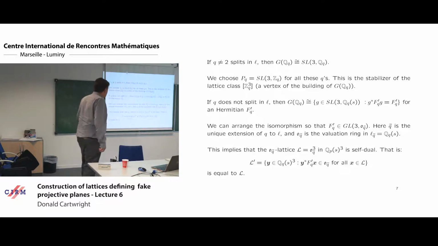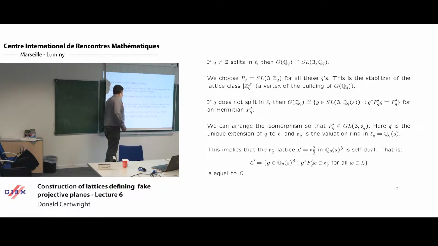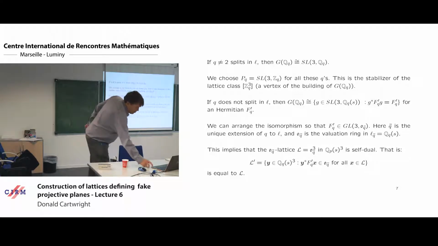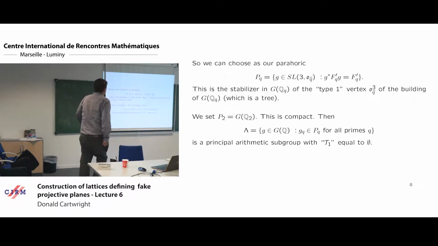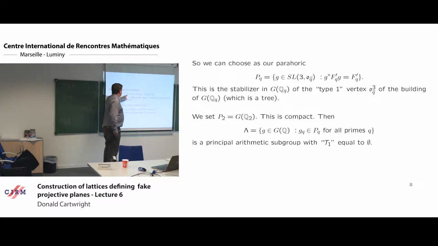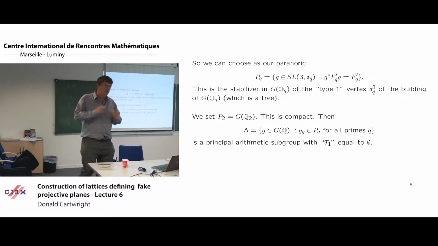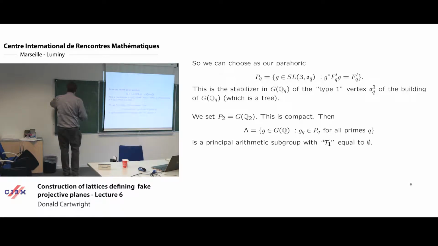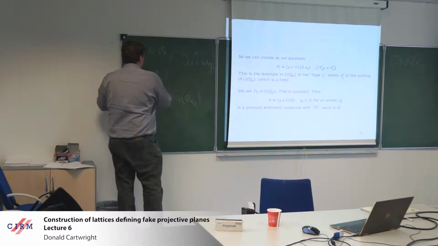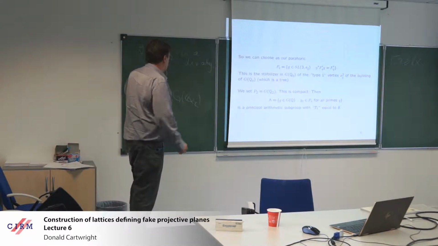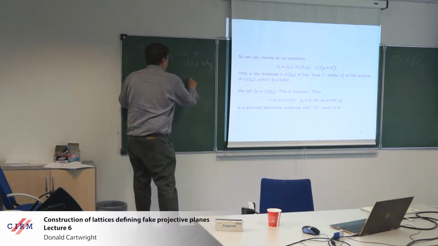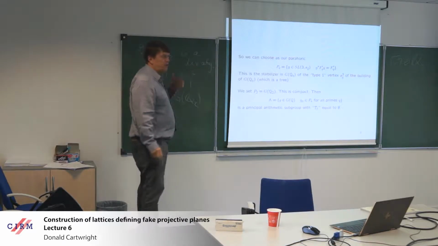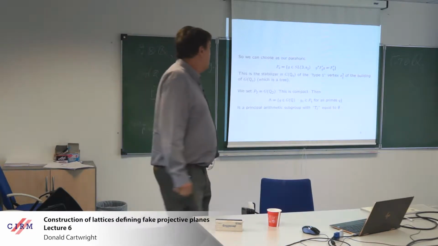And this is a type 1 vertex, and we're going to choose P sub Q to be the matrices which have entries in the valuation ring and which are unitary. So this is a group of elements which stabilize the particular lattice, the most natural lattice there is. Okay.